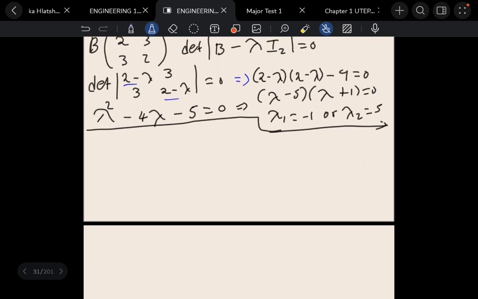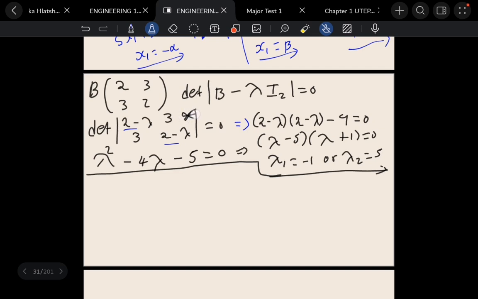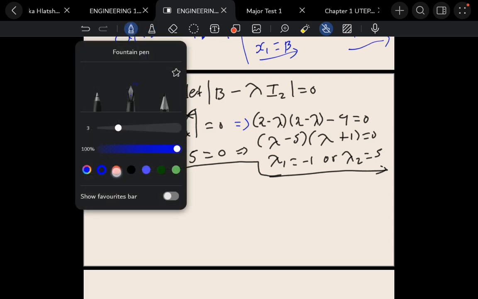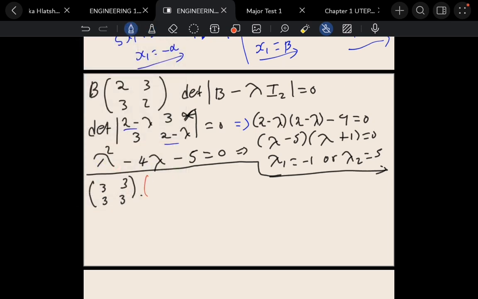You need to take this lambda and substitute it back here. So now I'm going to have 2 minus 1, but I'm going to have a 3, 3, 3. 2 minus 1, that is a 3 again, multiplied by the standard, which is x1, x2, is equal to 0, 0. You're always going to multiply by that part.